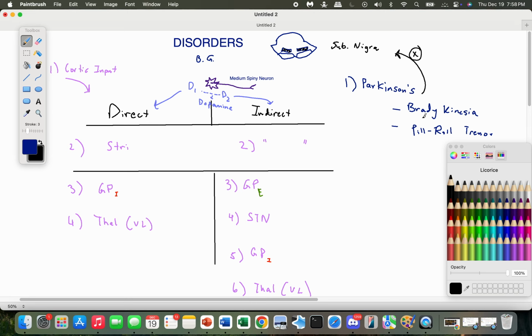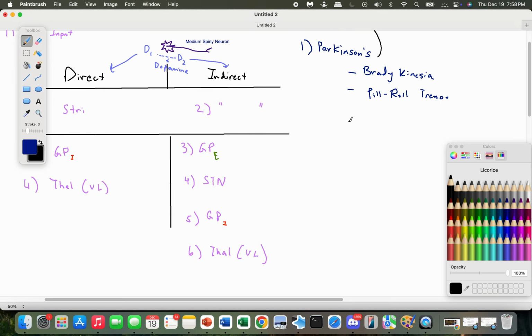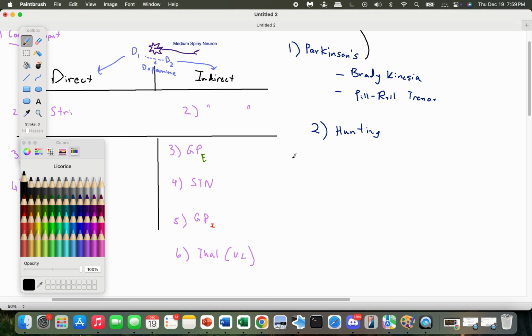All right, the second disorder that we need to know about is called Huntington's. I'm just going to abbreviate like that. Okay, so what is Huntington's?